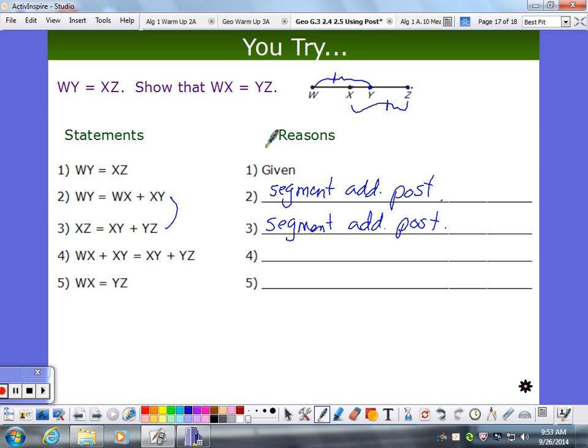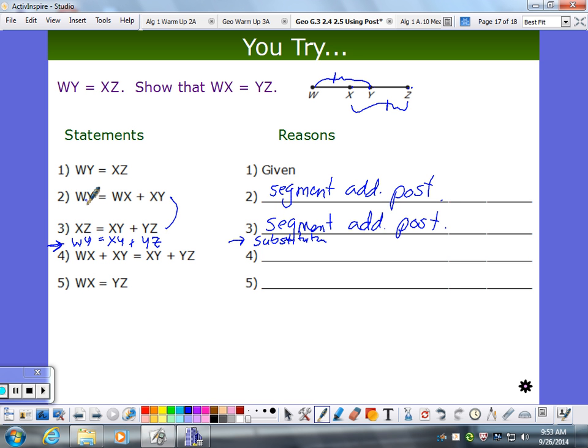This is the place where maybe I want to do another step. See this XZ? XZ is the same as WY. So can I replace this? I'm adding another little step here to make this a little easier to see. If I insert this here, how do I get from here to here? Right, that is substitution, isn't it? Substitution property of equality. Because WY and XZ are the same thing, instead of writing XZ, I'm writing WY.